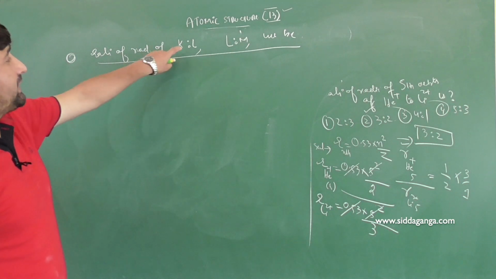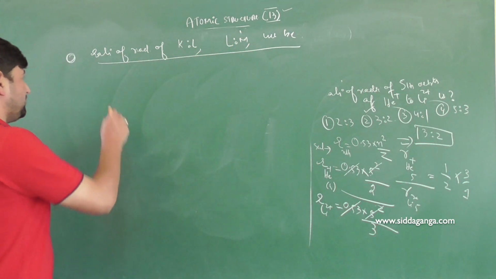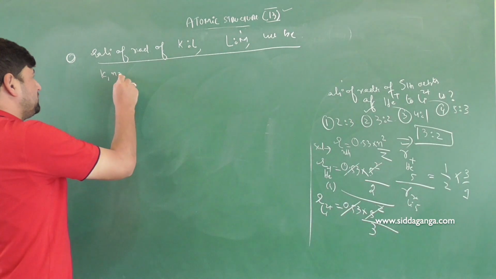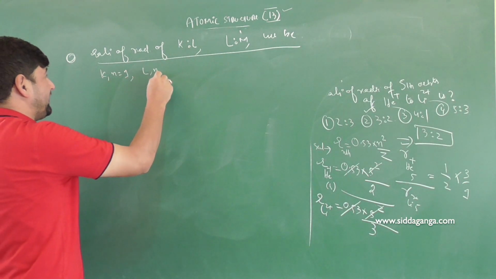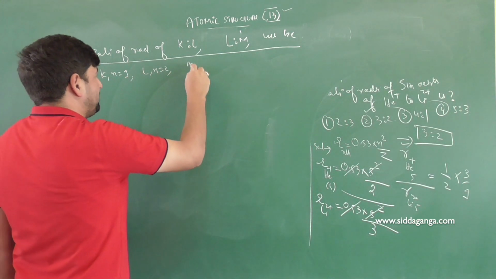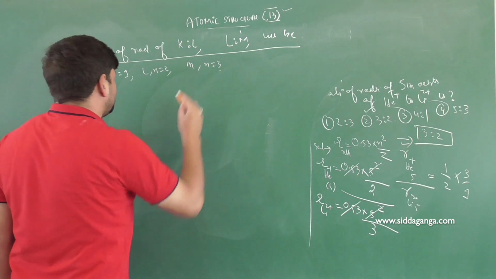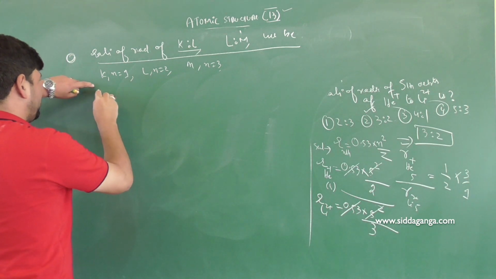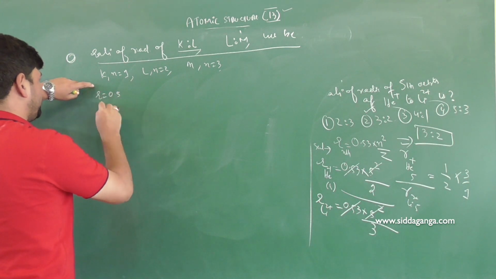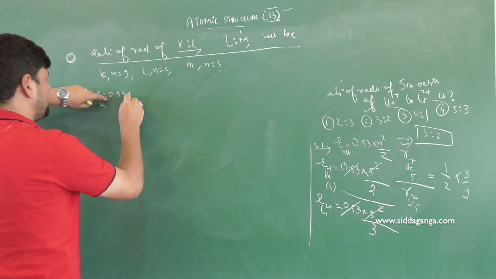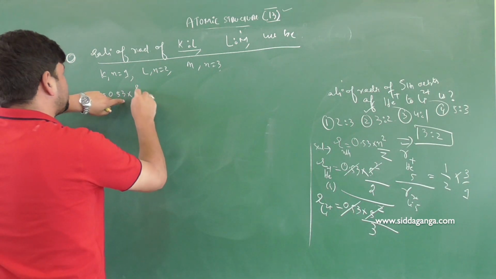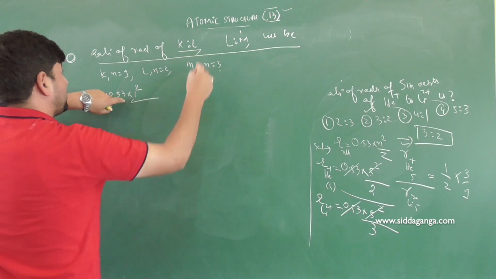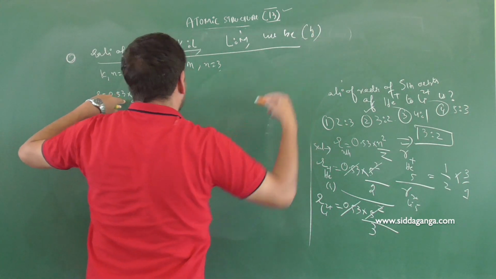We know for K what is the n value? 1. For L, what is the n value? 2. For M, what is the n value? 3. Simple. Ratio of radii of K is to L. So the radius of K will be 0.53 into n square, that is 1 square by Z, for the hydrogen atom we are talking about, Z is 1.